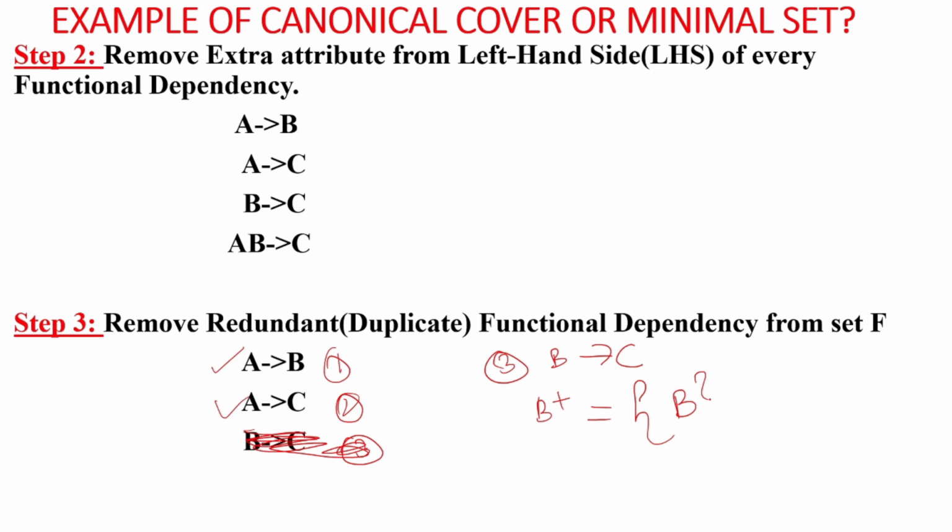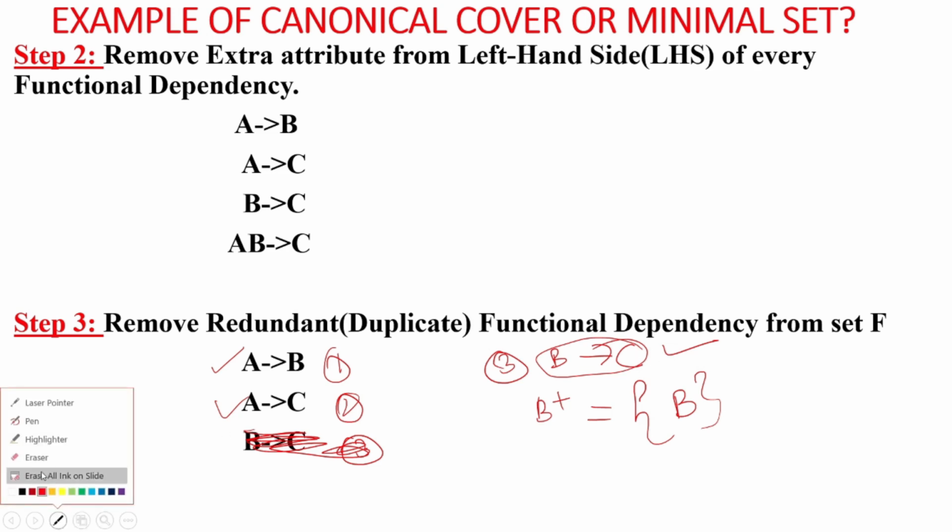So we are not getting C by any chance from B. If we don't consider FD number 3, there is no chance we'll get C when we find B's closure. So this FD has to be there. B tends to C is not a duplicate, because we are not getting C in B's closure any other way. So B tends to C should be there. This is also not a duplicate. So only FD number 2 is a duplicate.